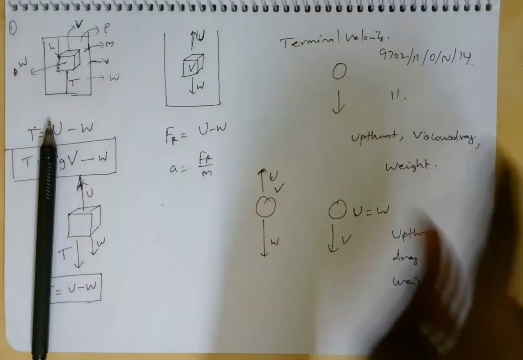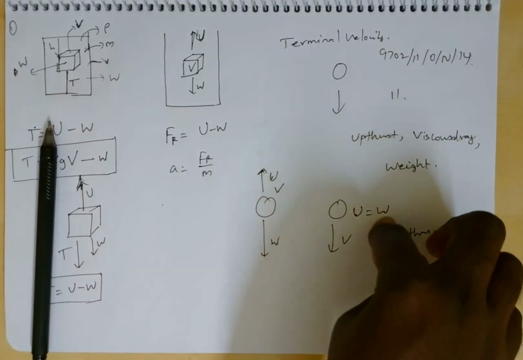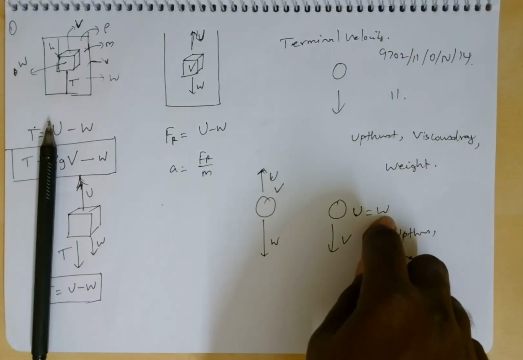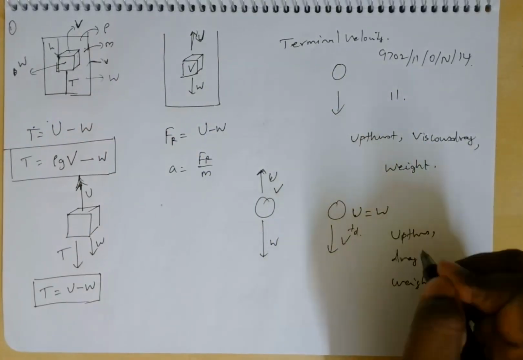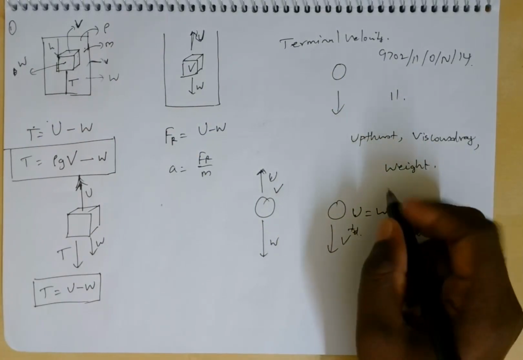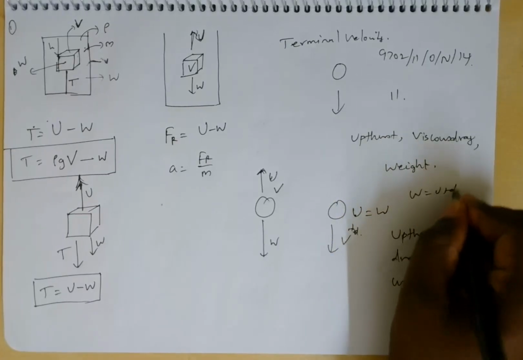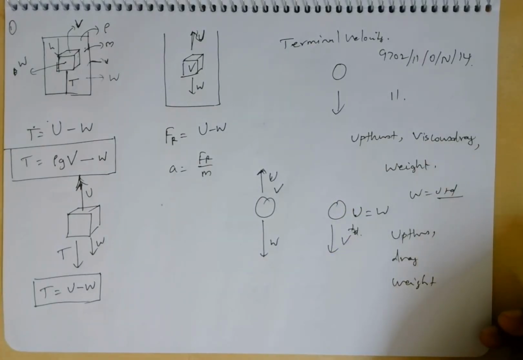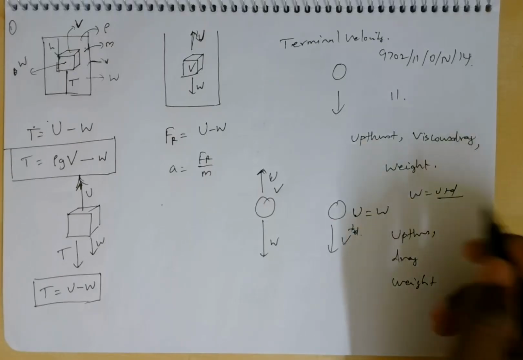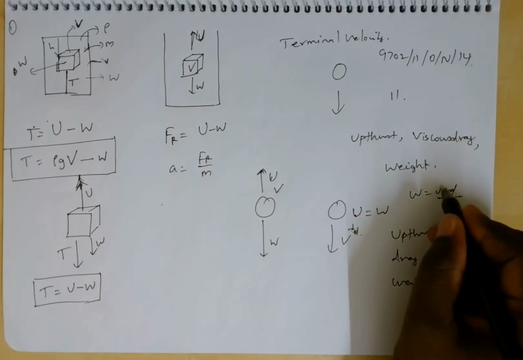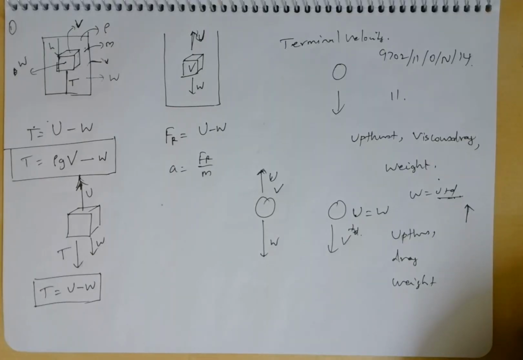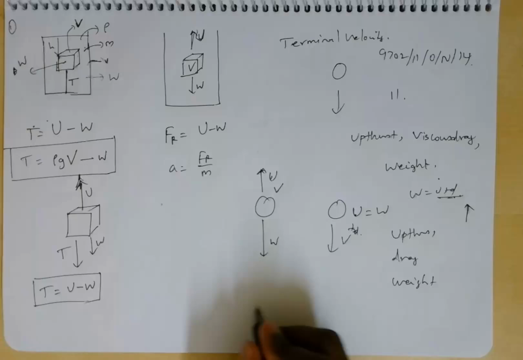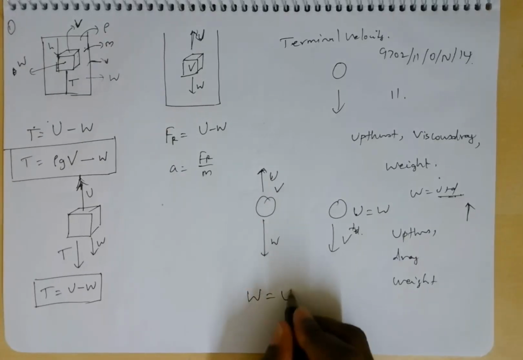Terminal velocity gives you the idea that the net force is zero. So weight is upthrust plus drag.